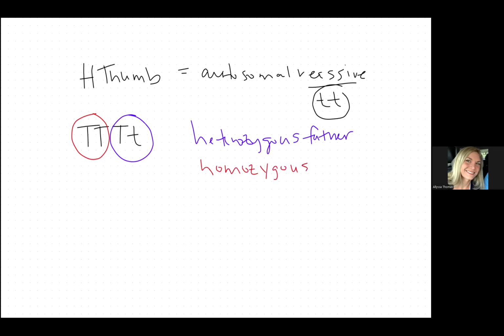I'm going to put mom for space reasons. Heterozygous tells us that we have two different alleles, or two different copies, so he's going to look like big T, little t.